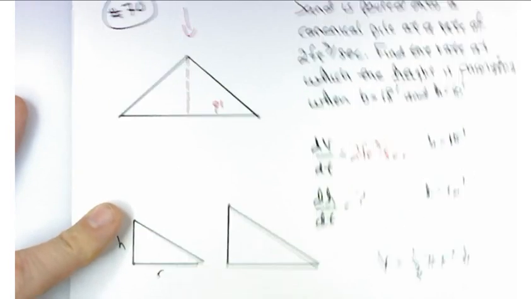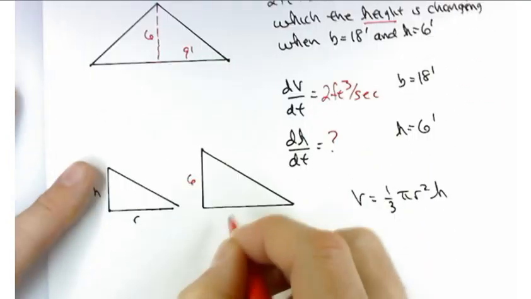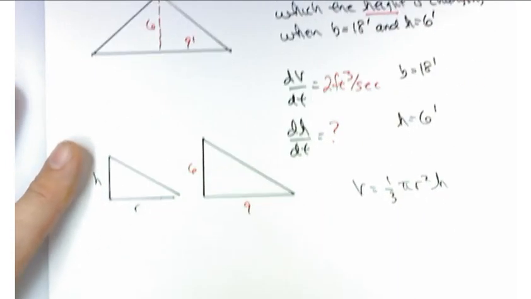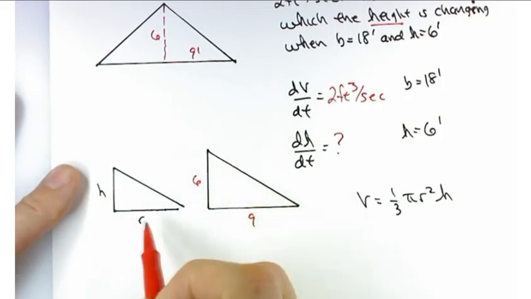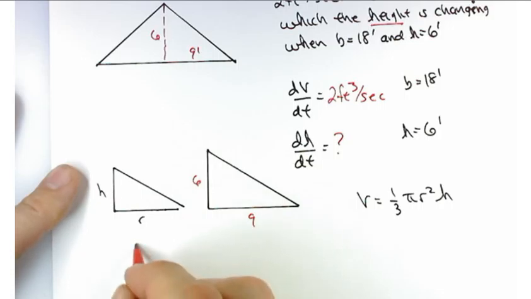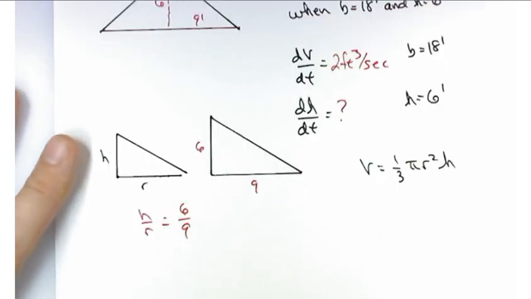The height of our pile is 6 feet at a time when the base is 9 feet. Now, in general, the height and the radius are going to have that ratio. That is, h over r is going to equal 6 over 9.